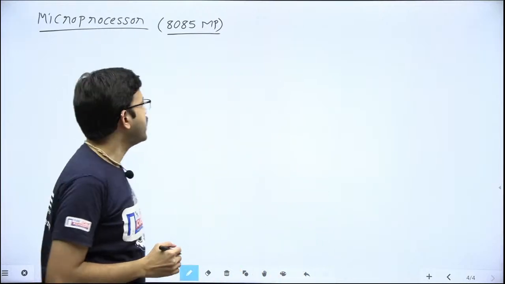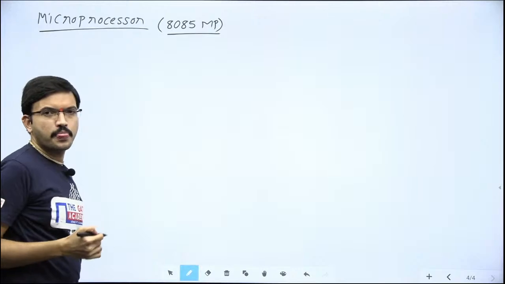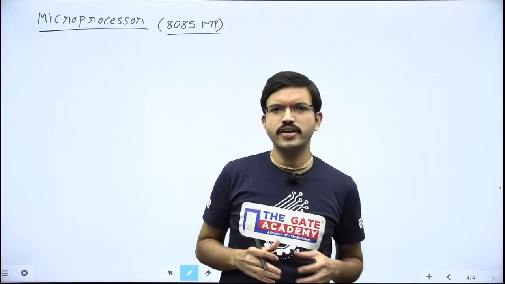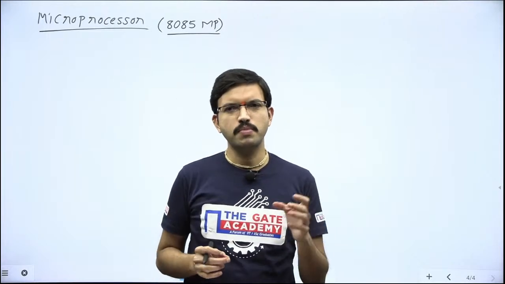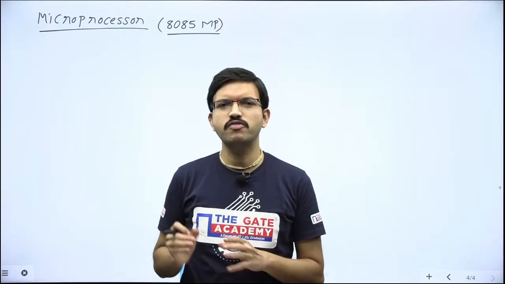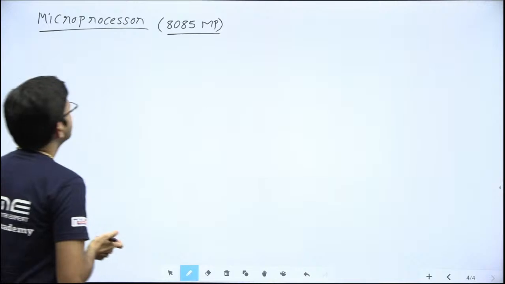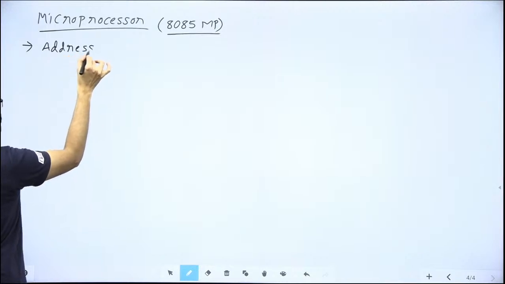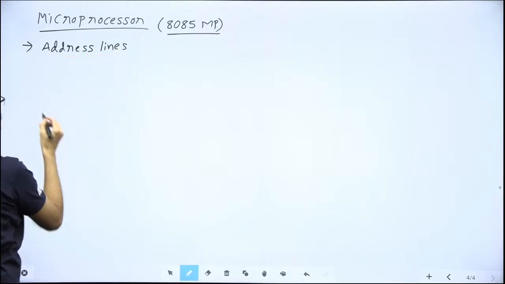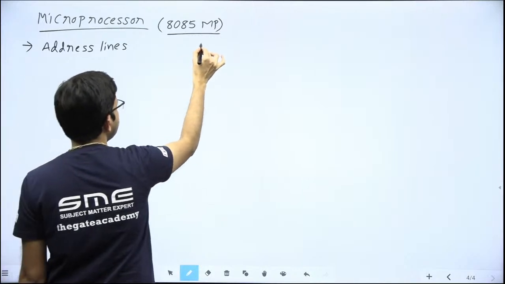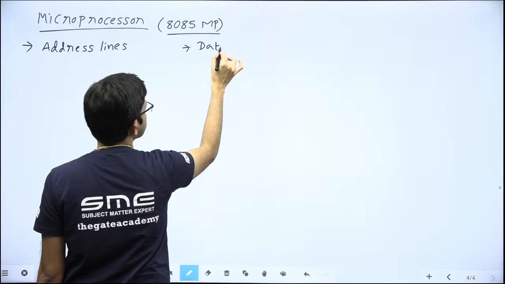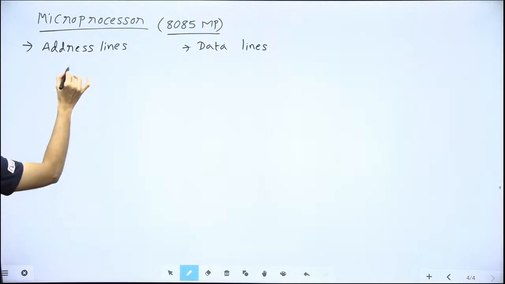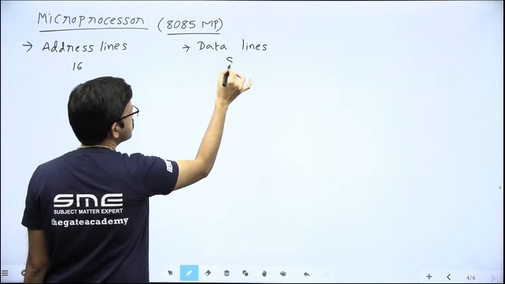Before that, regarding any microprocessor, you will interface devices to it, like input device, output device, memory, etc. Input device, output device, memory, we will call them peripherals. Regarding the 8085 microprocessor, can you guess how many address lines and how many data lines we have? We have 16 address lines and 8 data lines.